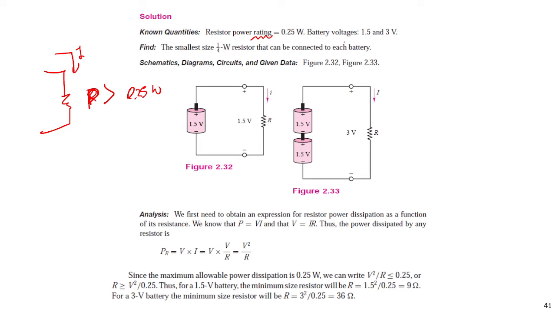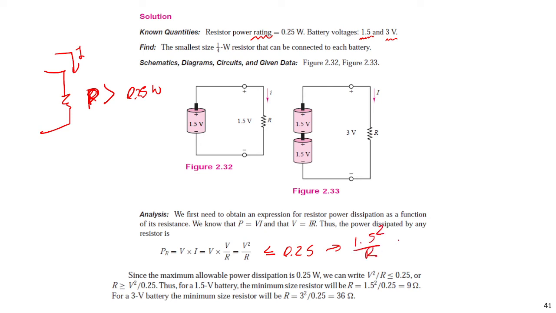If the battery voltage is 1.5 and 3 volt, the smallest size, 1/4 watt resistor, can be connected to each battery. If we connect the resistor to 1.5 volt, the power will be V squared by R. V squared by R must not be greater than 0.25, and we know that V is 1.5.